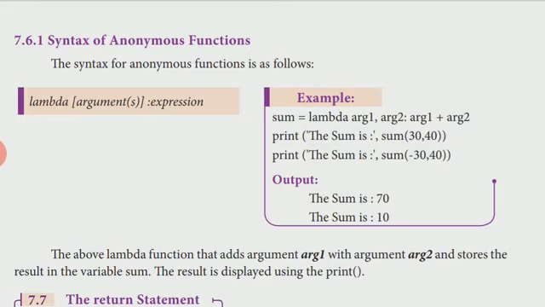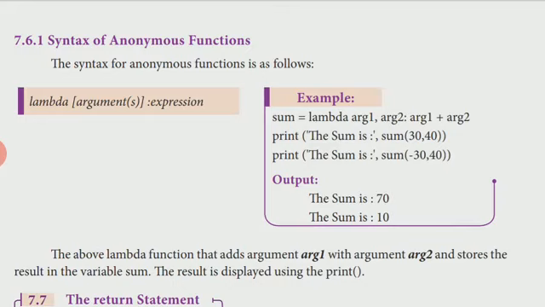They gave argument 1 comma argument 2 and then argument 1 plus argument 2. The next one, print statement: print the sum is sum of 30 comma 40. Here we want to add these numbers and display the answer.